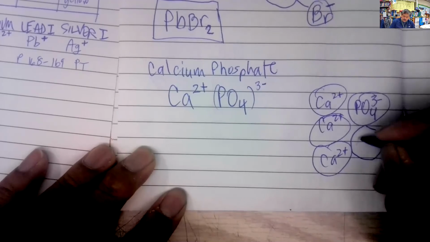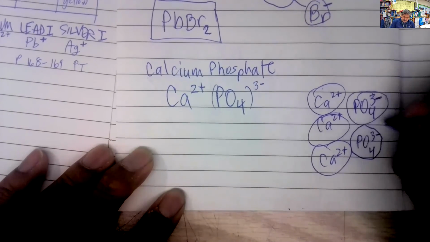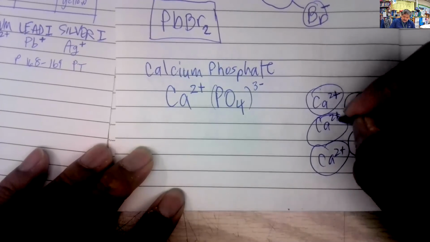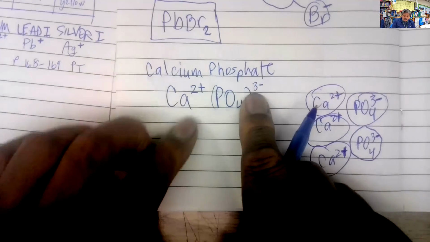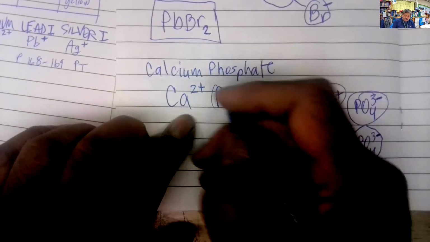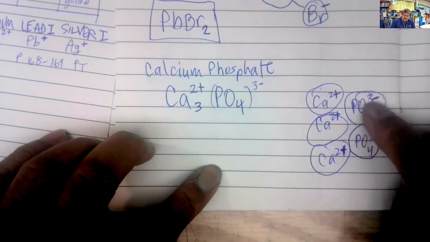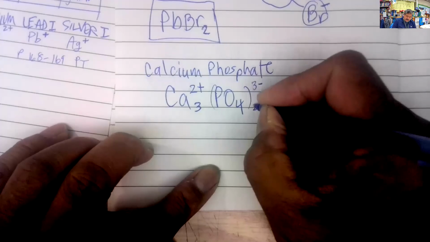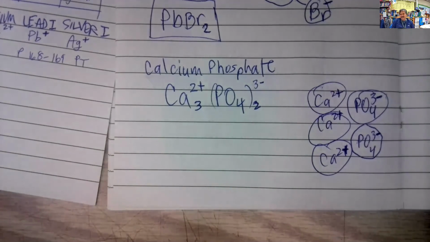If I had 1 more PO4 3 minus, now I have 6 minuses and 6 pluses. So electrically balanced, I have Ca2 plus, PO4 3 minus. I have 3 calciums, I put that in the subscript. And I have 2 phosphates, and I put that there. That's probably the hardest one. I probably should have done a different one. Oh well, calcium phosphate. So that's that one.